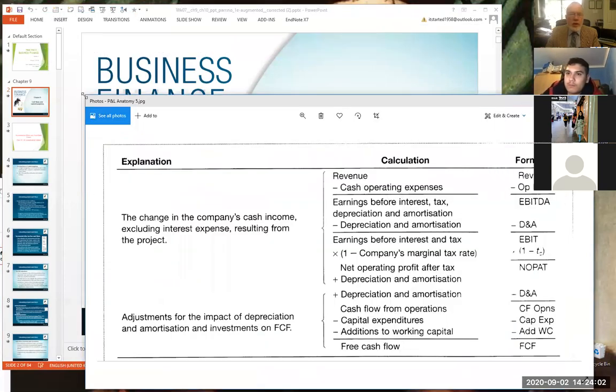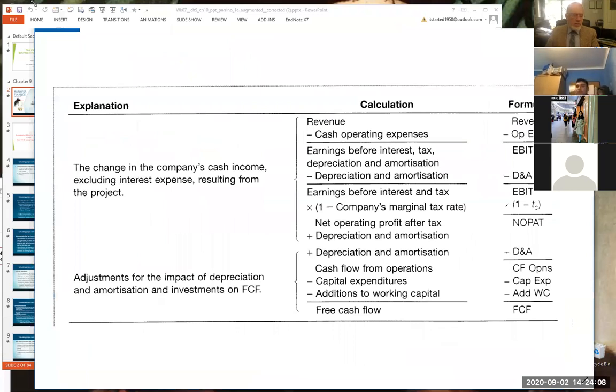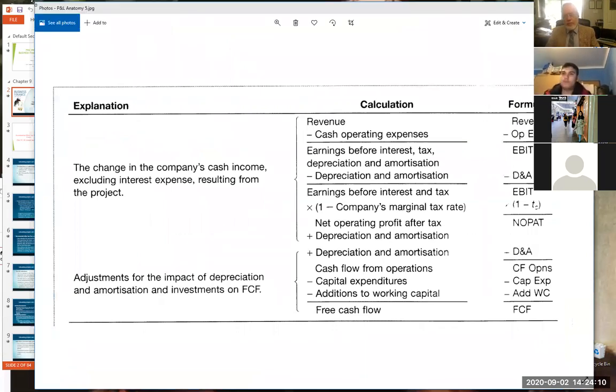I want to move to this one. Here's another background idea. Again, this is not dealing with our PowerPoints yet, but it's an important concept for you. You'll find this in the textbook, by the way. If you flick through, I just can't remember the page I got it from, but you should be able to find it in the textbook without too much trouble.